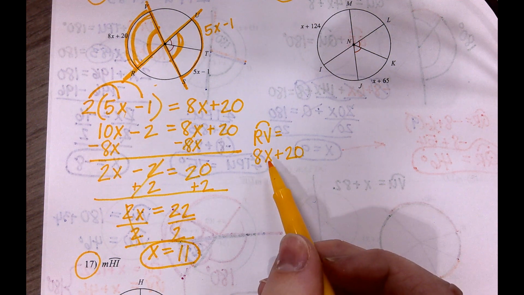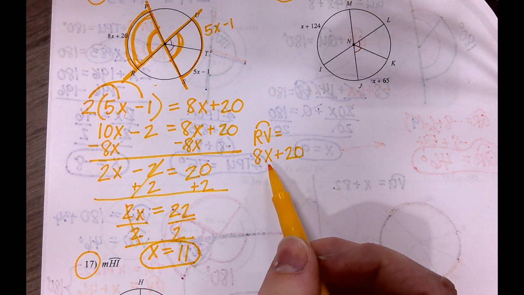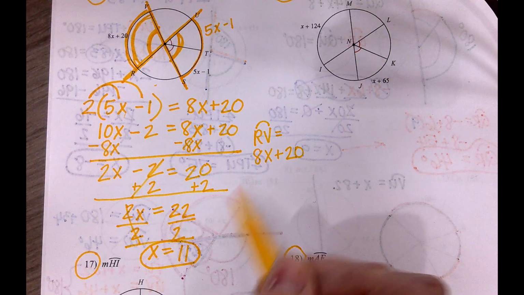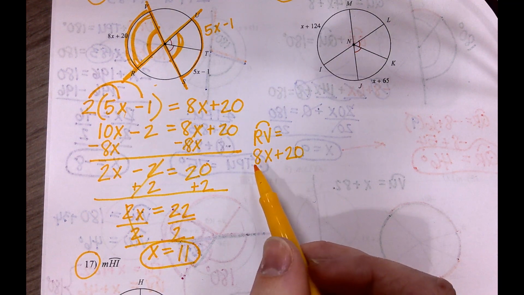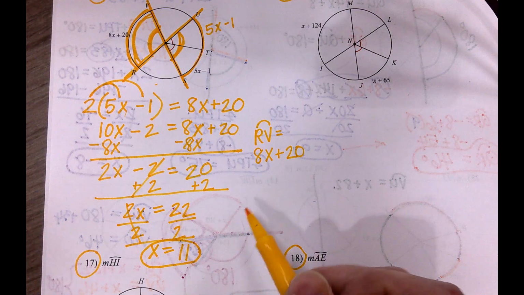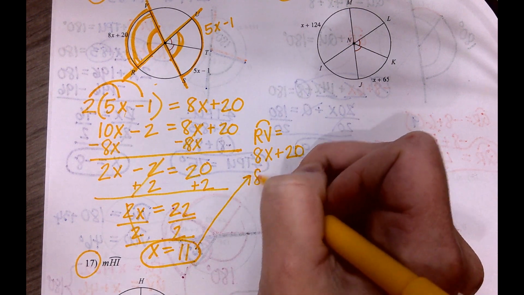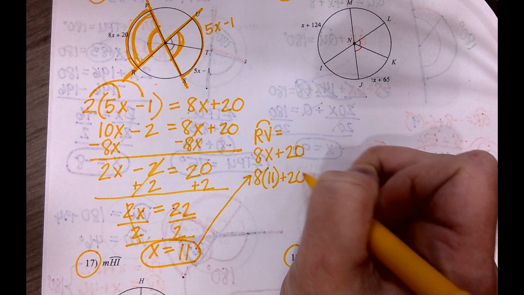I have 8 times x plus 20. Guys, remember x is a variable. It's 11. We know what x is. So can't I just replace x with 11? Yes, that's what you're supposed to do. You're going to plug that in. So 8 times 11 plus 20.